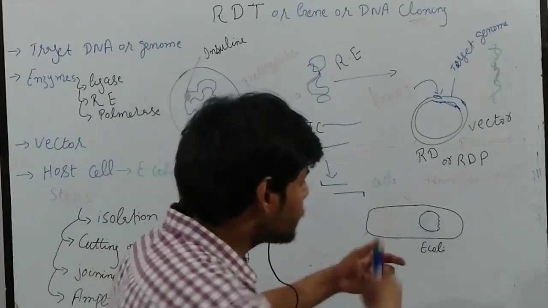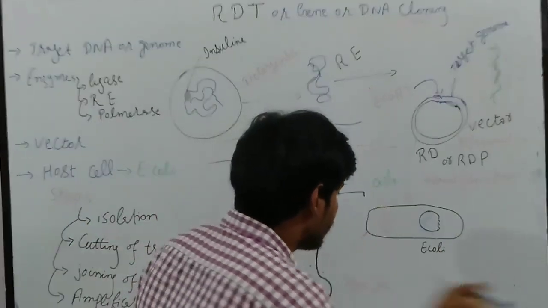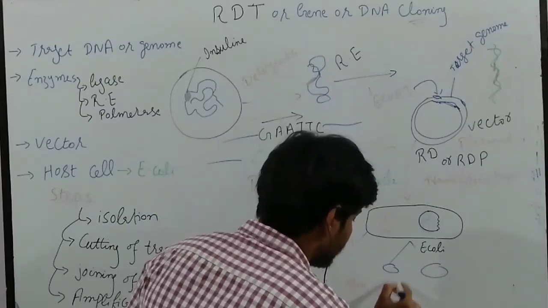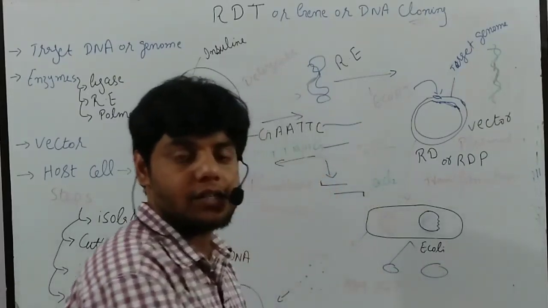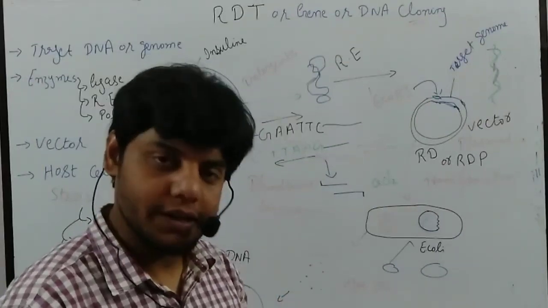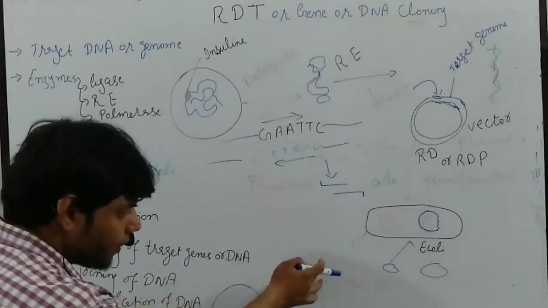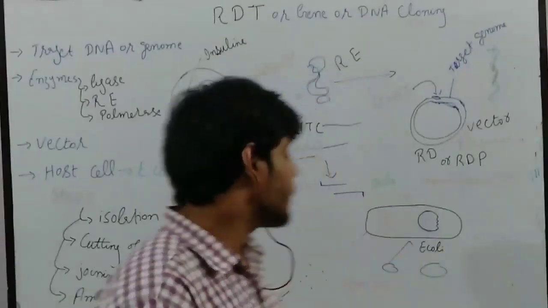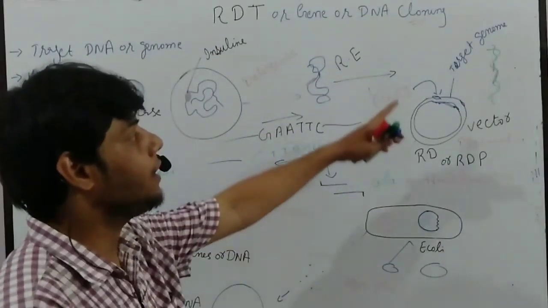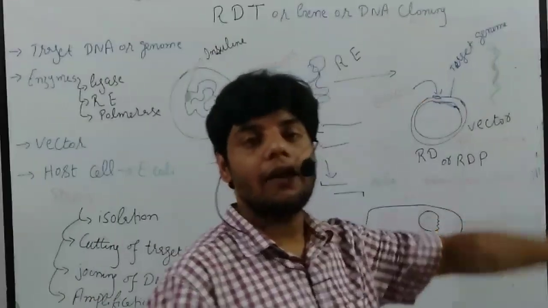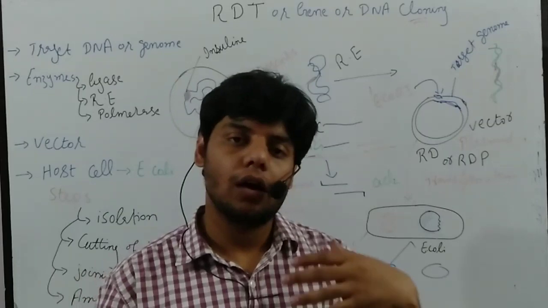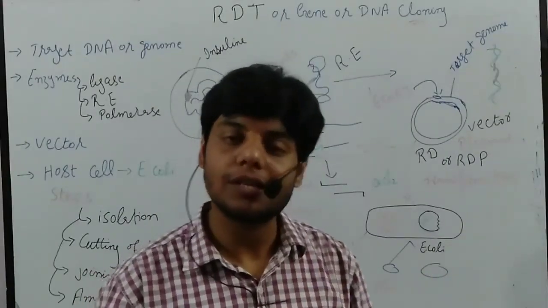So whenever the genomes are replicated, the bacterium divides into two, and then we get 4, 8, a lot of bacterial cells. Then we get a colony which is visible to our eyes. Then we get our desired genes, and from these desired genes, finally we get our product, meaning insulin.